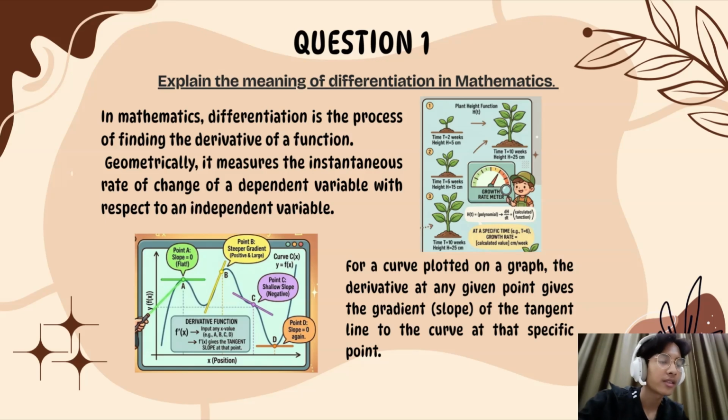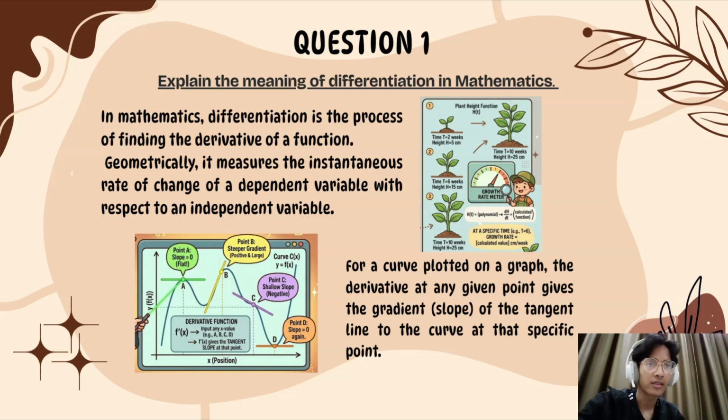As you can see, during week 2, the height of the tree is 5 cm, while during week 6, the height of the tree is 15 cm. So using differentiation, we can predict the height of the plant for the upcoming weeks. And for a curve plotted on a graph, the derivative at any given point gives the gradient, which is the slope of the tangent line to the curve at a specific point.